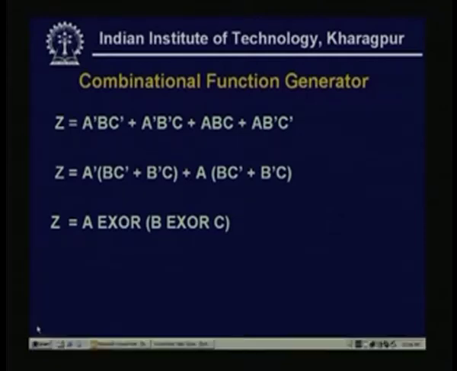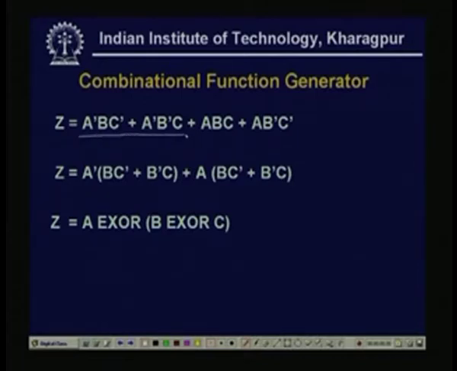See, from the first 2 terms, A dash B C dash and A dash B dash C, I can take A dash common. So this is B C dash plus B dash C. Similarly, from the last 2 terms I can take A common, and this is B C dash plus B dash C.